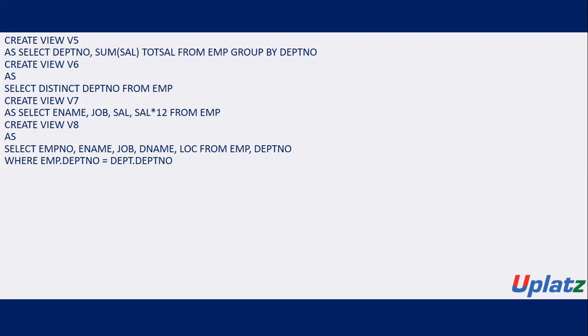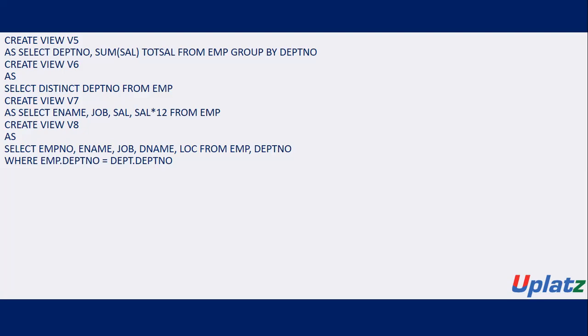That is why we are using the distinct keyword here. Once the query is executed, the view V6 will be created, and that view contains the distinct department numbers.